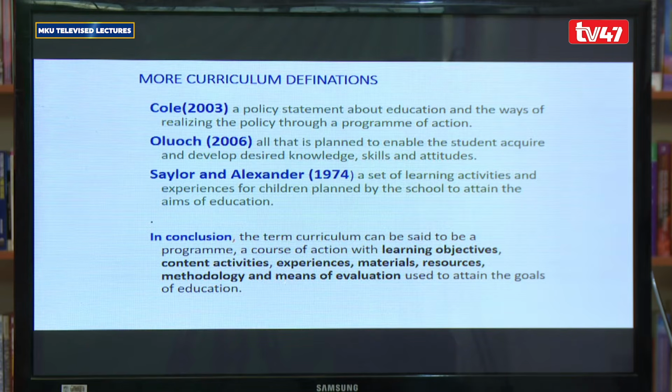Then Saylor and Alexander in 1974 also came up with a definition. Now, what we get from all these definitions is that the term curriculum can be said to be a program. It can be a course of action.